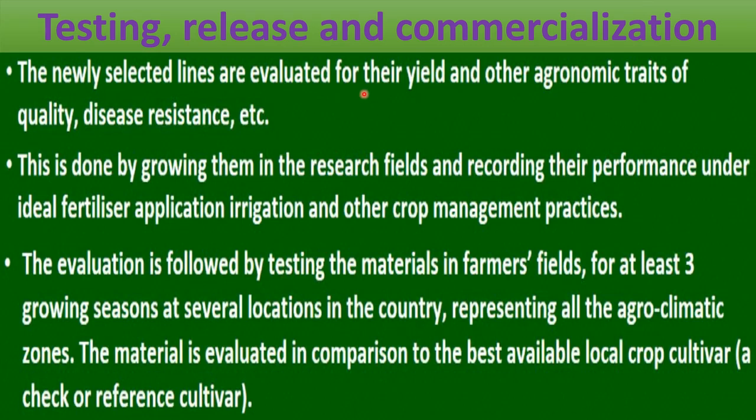After that, the evaluation is followed by testing the materials in the farmers' field. The same plants will be tested in the farmers' field, because in the farmers' field ideal conditions cannot be there.